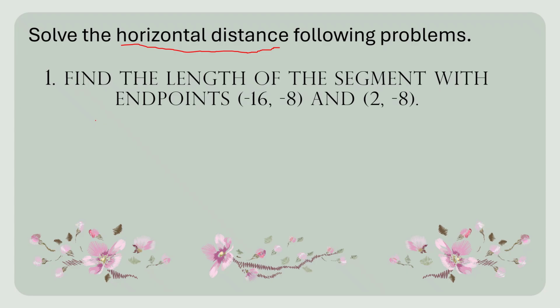So our x sub 1 is negative 16, x sub 2 equals 2. So from the formula, to get the length, x is equal to x sub 2 minus x sub 1.